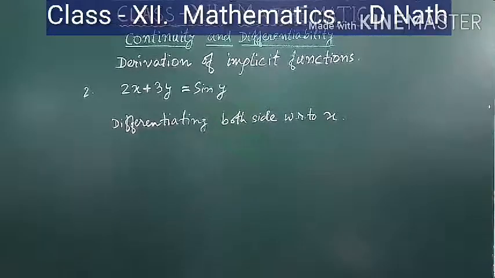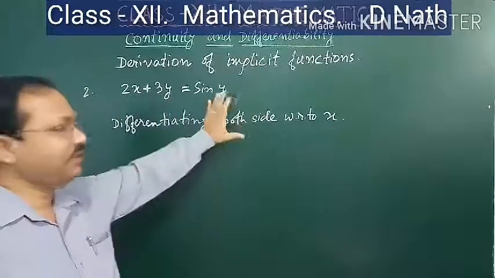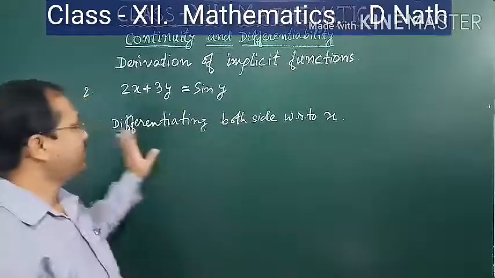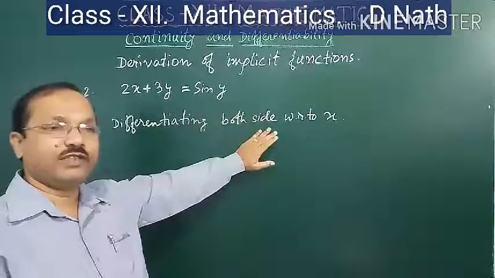In this question it is given 2x plus 3y is equal to sin y. This is actually Exercise 5.3, question number 2. Here also we will differentiate both sides with respect to x.